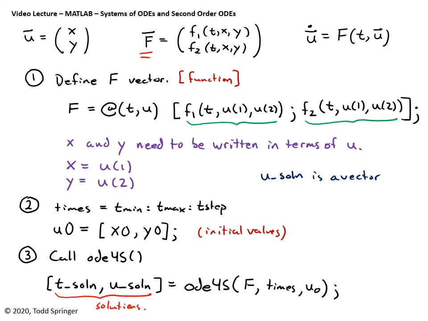So if you want x solution, or the solution for x of t, those are the first column of U solution, and then the y points are in the second column.